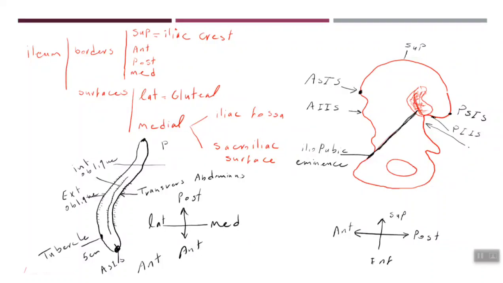That name is the greater sciatic notch. This is the posterior border. It means that in the posterior border you can detect three landmarks: posterior superior iliac spine, posterior inferior iliac spine, and greater sciatic notch.